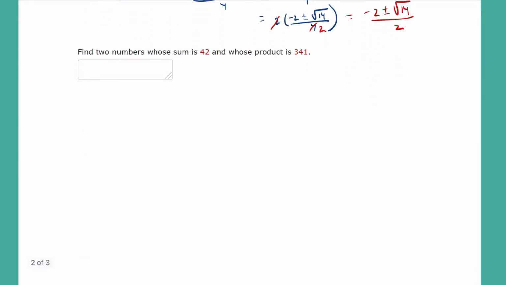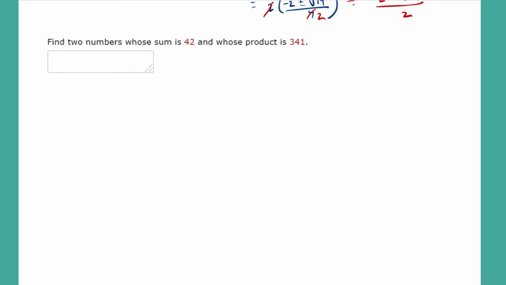All right, this next problem down here says find two numbers whose sum is 42 and whose product is 341. So I would recommend creating two equations. x plus y are the two numbers that we're looking for. We know that the sum is 42, and the product, x times y, has to be 341.